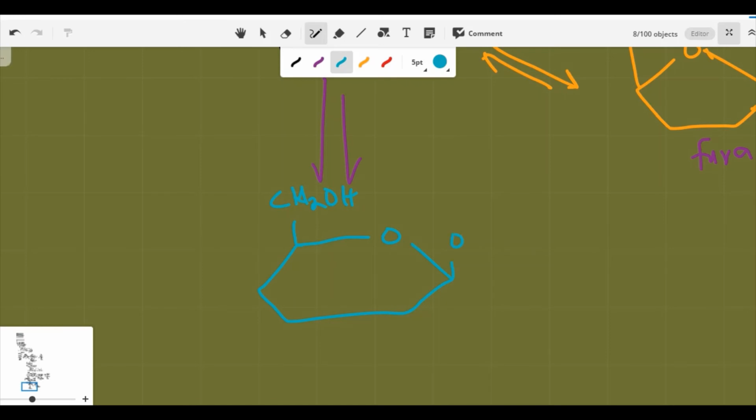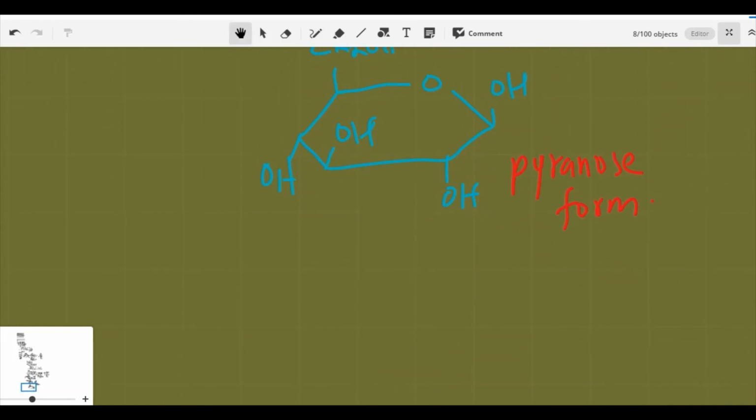Alright, so here you can add an OH group. Okay, so that name is pyranose form. So that is what about the Haworth's projections and hemiacetal formation and hemiketal formation.